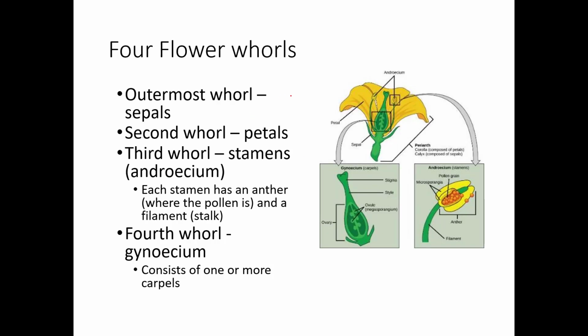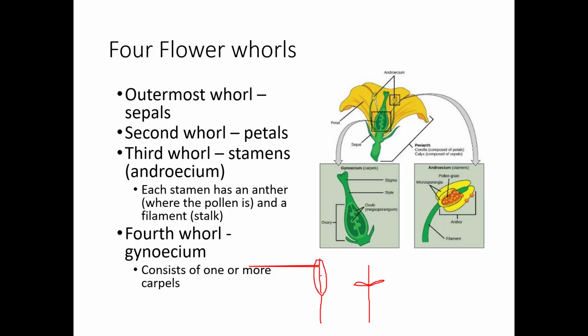The outermost whorl, we kind of start, if you think about the flower when it was in a bud, like here's the stem, and then there's like leaves surrounding the bud, and those leaves then open up like this.